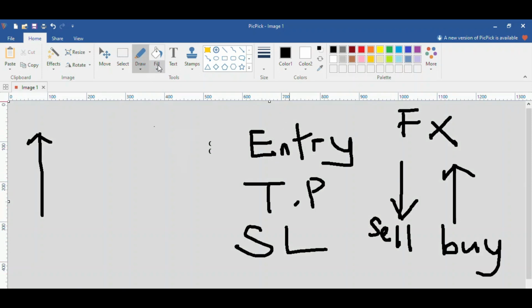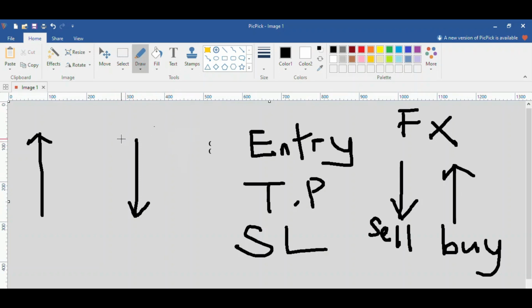Now in a market where you are required to sell, sell means you're predicting that the current price of a currency pair will go down. So you want to enter a sell.